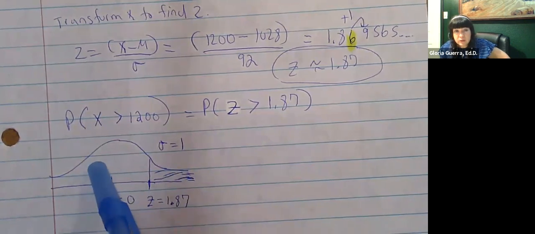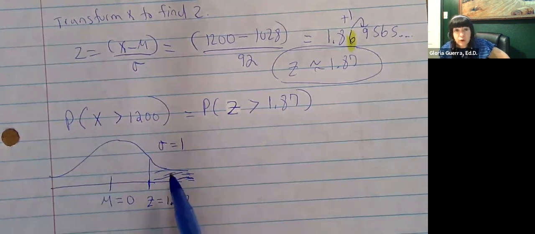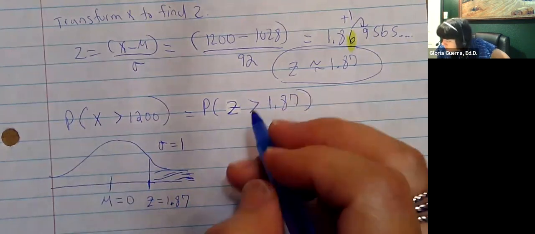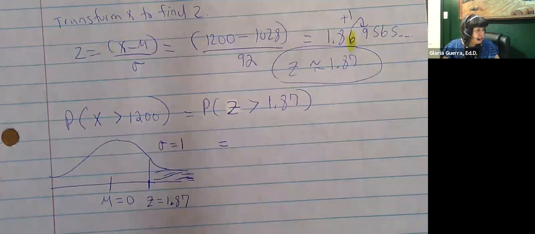We need to find areas to the left of the curve, right? So we have to subtract. This whole area underneath the curve is 1. So this is going to equal 1 minus... and let me make sure, let me look at my 6.1 real quick. Let me find a picture from 6.1.